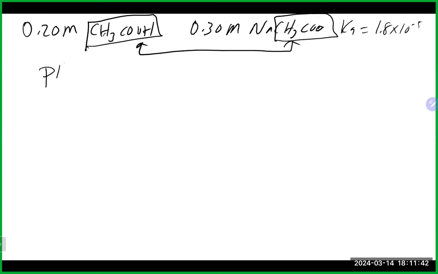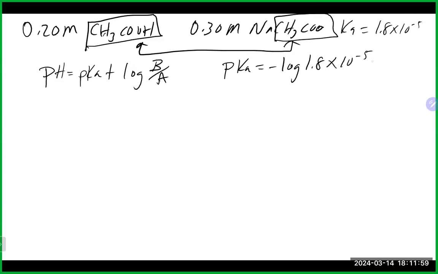You could go right into your pH is equal to the pKa plus the log of the base over the acid. So base on top over acid. In this case, we do need to calculate the pKa value, which would be minus the log of 1.8 times 10 to the minus 5. That's going to be 4.74.